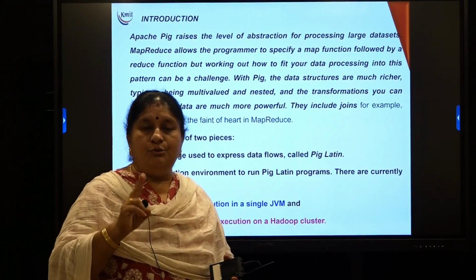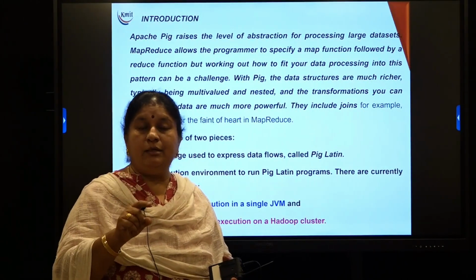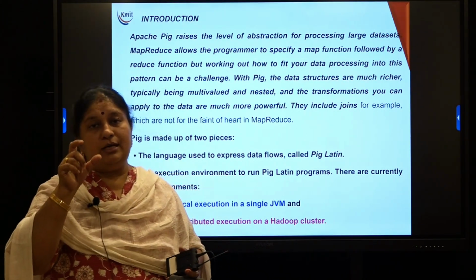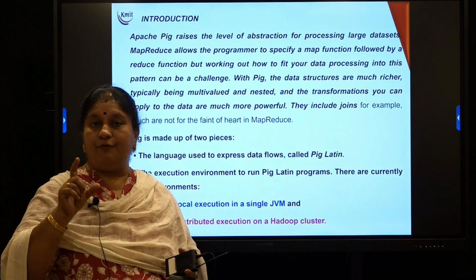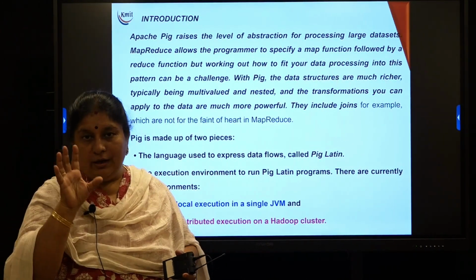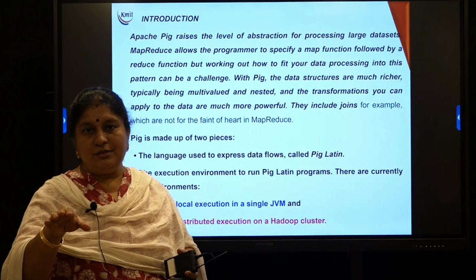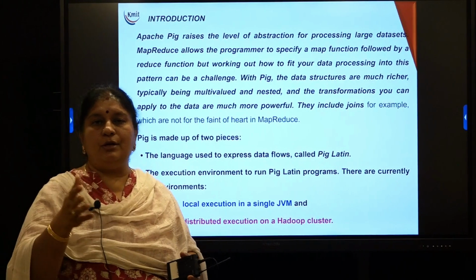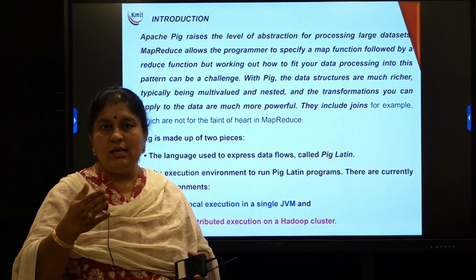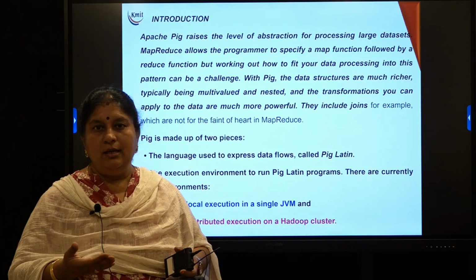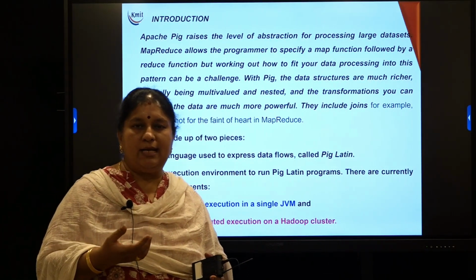You need to write a map method to extract data from the employee file. You also need to write a map method to extract data from the department file. Then you need to write a join method, then the reducer, then the driver. The number of methods or programs you write will increase as and when you work with joins, Cartesian products, and various numerical functions like standard deviation.